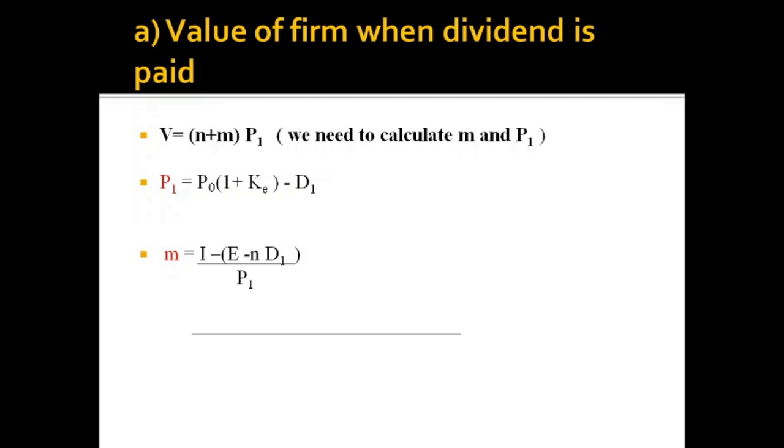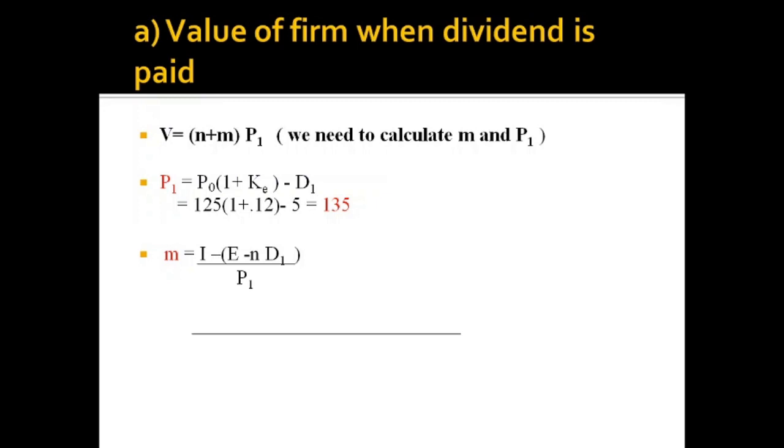We know the formula that P1 is equal to P0 into (1 + KE) minus D1. Substituting the values, P0 is 125, 1 + KE is 1.12, minus dividend of 5. So we will get the P1 value as 135.